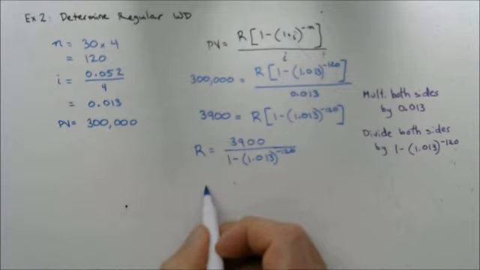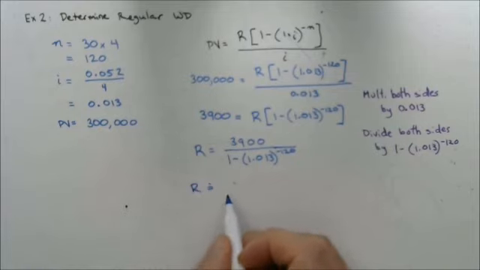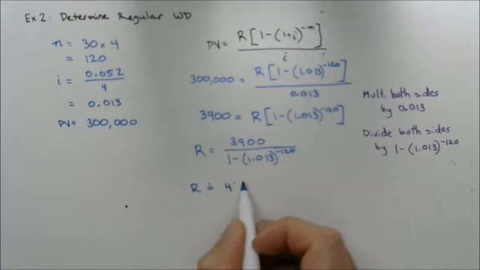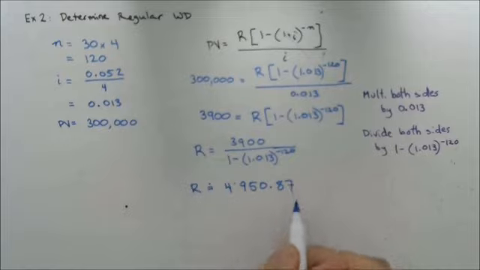And in order to do that, you're going to be very careful on your calculator. You will get a regular withdrawal of $4,950.87. So Fiona can withdraw almost $5,000 every quarter, that's every 3 months, for the next 30 years.